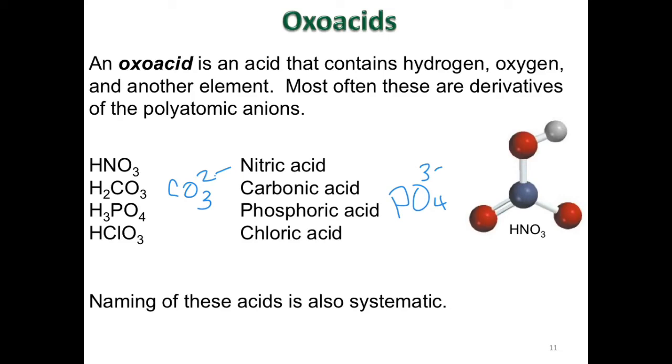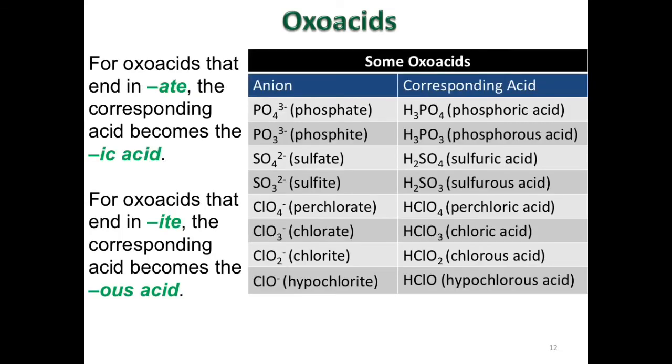So let's look at the systematic way that they are named. If we look at the anion, if the anion ends in -ate, as in phosphate, the corresponding acid is the -ic acid. H3PO4 is phosphoric acid.